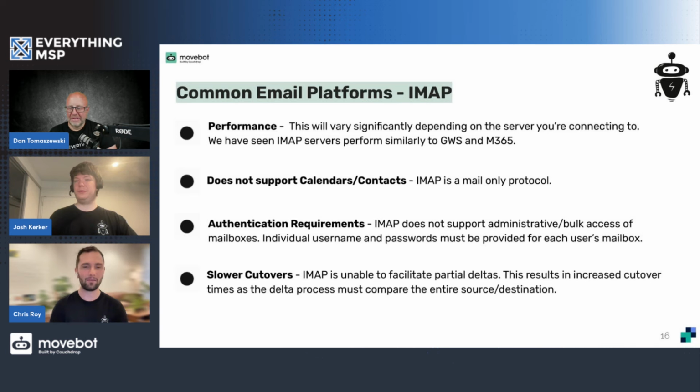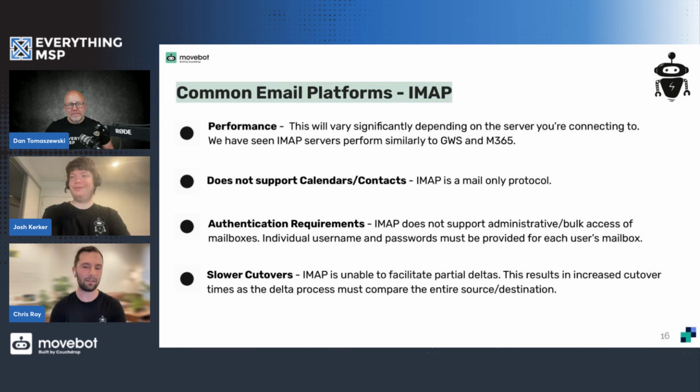Obviously, IMAP does not support contacts or calendars, at least not built into the protocol, so it is mail only. I think as someone in the chat mentioned earlier, the biggest part of IMAP migrations is going to be your authentication requirements.